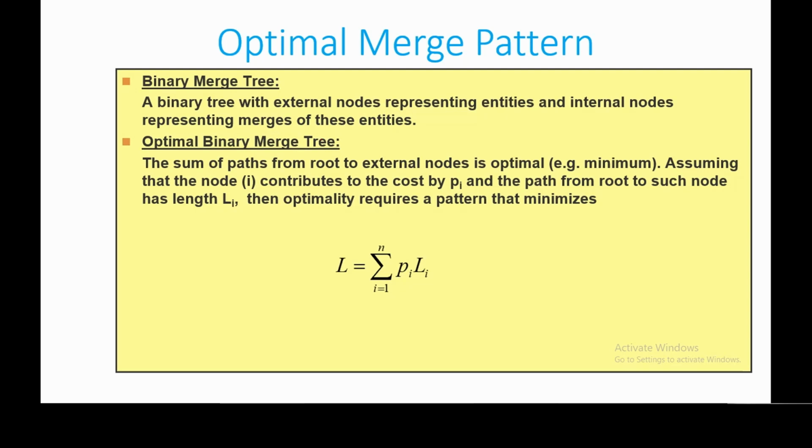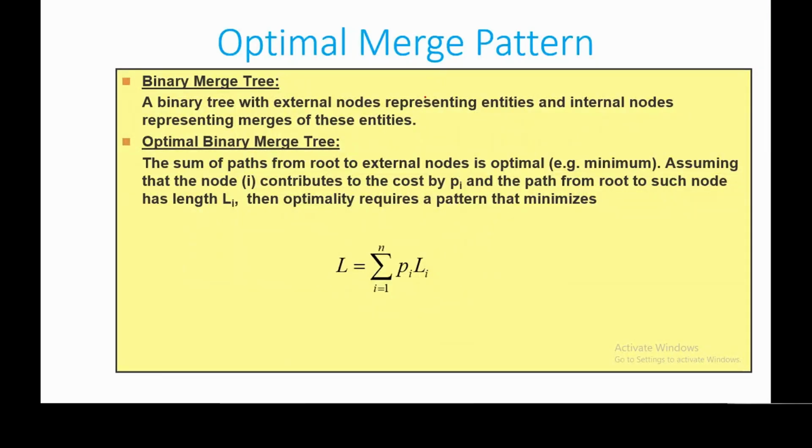What is the optimal binary merge tree here? In the merging process, we can select any files for merging. There can be several combinations for the merging process, so we can get several different binary merge trees. But which one will be the optimum one?